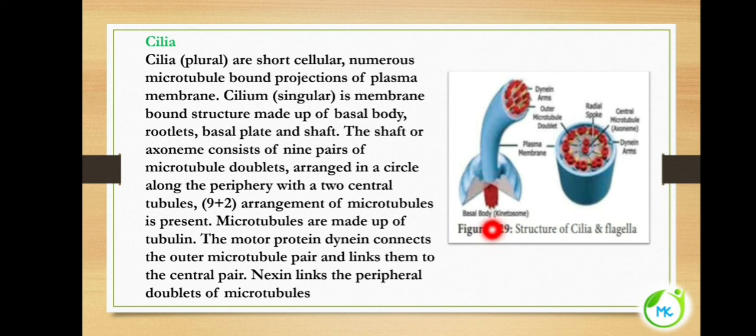The motor protein dynein connects the outer microtubule pair and links it to the central microtubule. Nexin links the peripheral doublets, the outer 9 doublets. So that's it with the cilia.